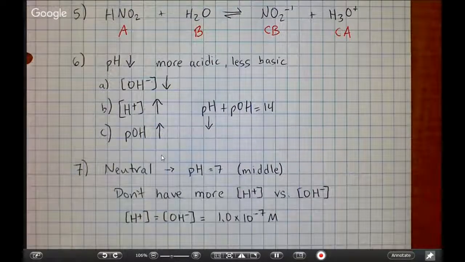So they are the same value in terms of concentration. We don't have more of one than we do of the other. It's neutral. Okay. Any questions up to this point?